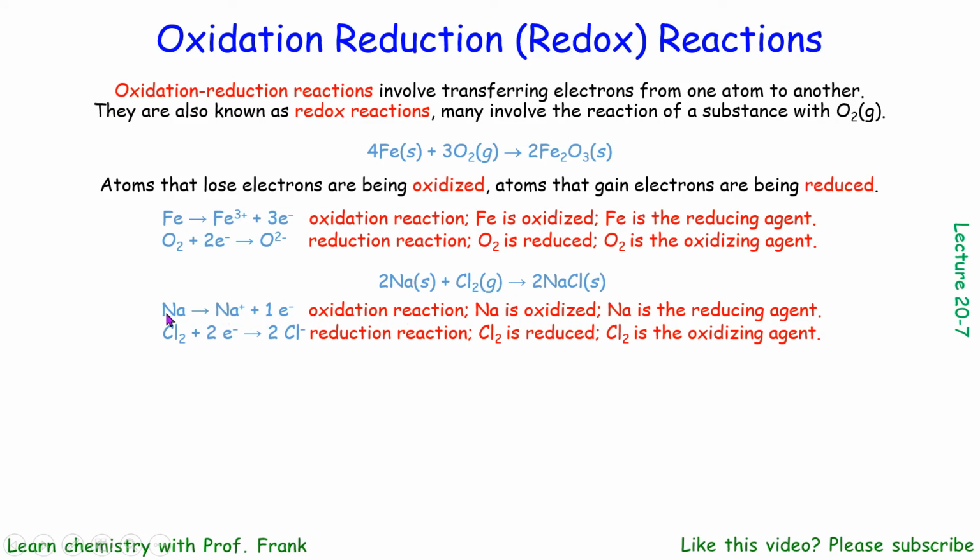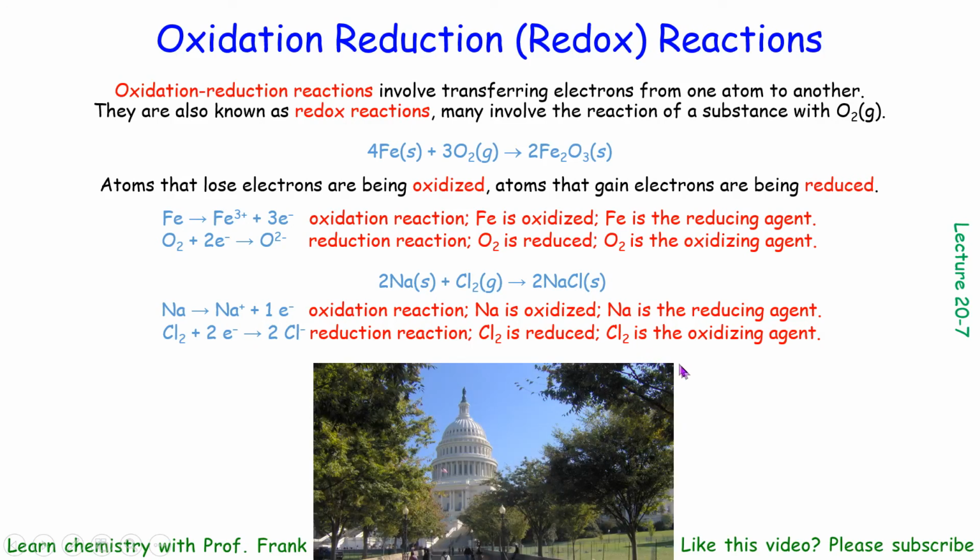So this reaction is an oxidation reaction. Sodium is oxidized and sodium is the reducing agent. Chlorine, on the other hand, gained electrons, and we say this is a reduction reaction. Chlorine is reduced. Then chlorine itself is the oxidizing agent.